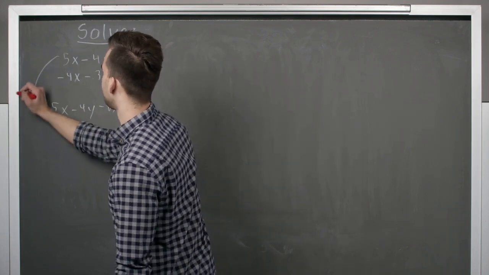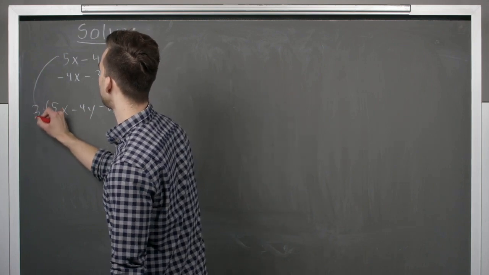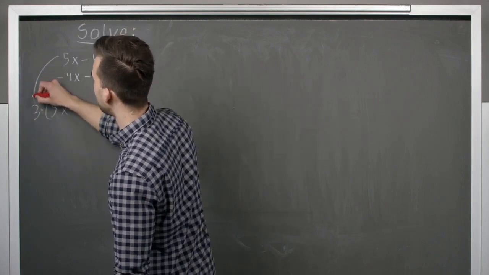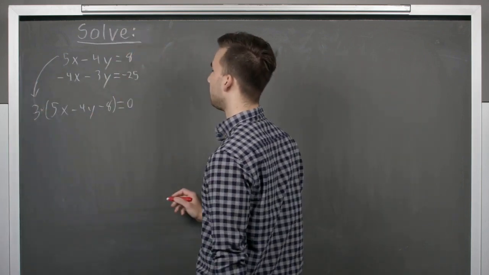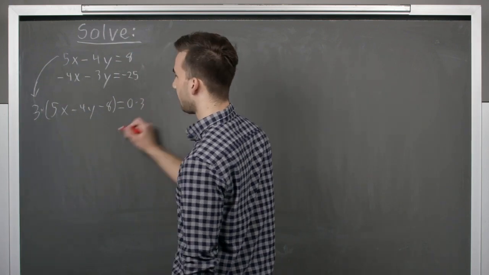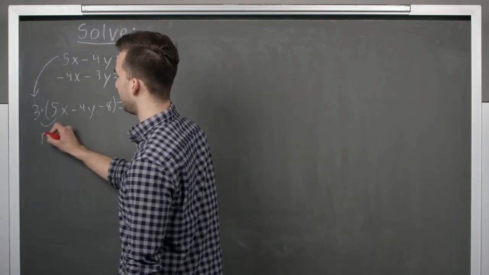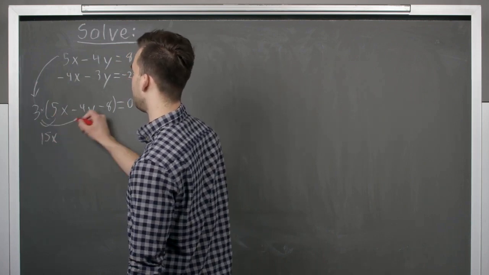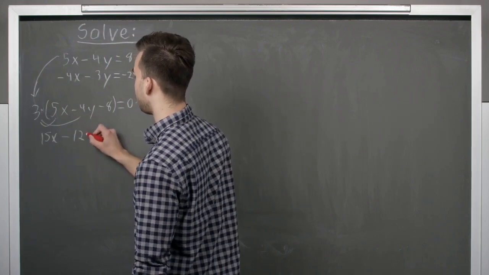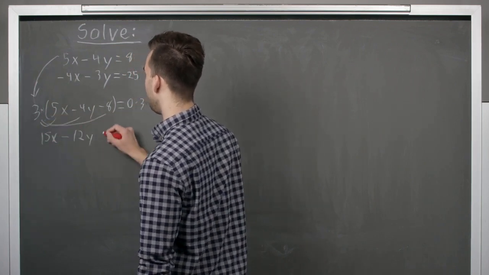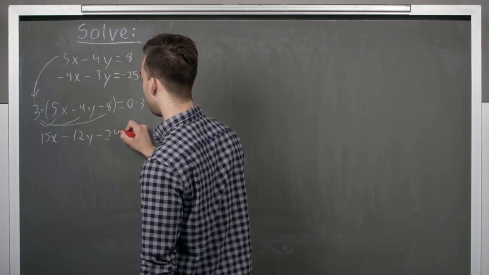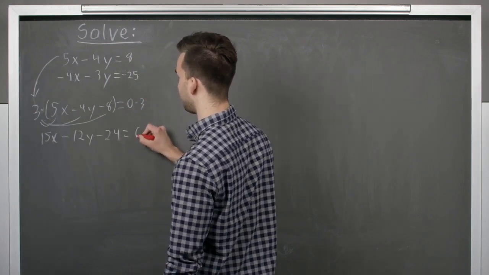And if we multiply this by 3, that will give us 12. So 3 times both sides. That'll give us 15x, and then minus 12y, and then minus 24, equal to 0 times 3 is 0.